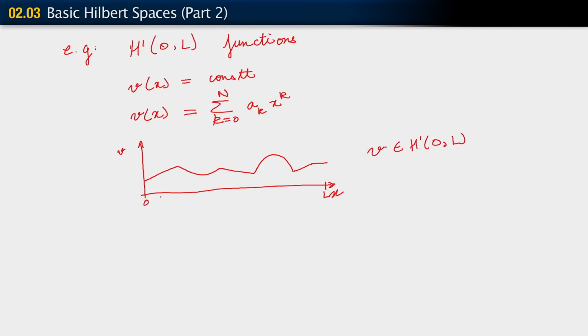It belongs to H1 because clearly the function itself, if you square and integrate it, is bounded. At points such as this, you observe that v comma x suffers a jump. Those double brackets there indicate a jump in a function.